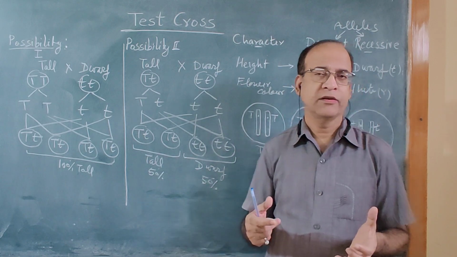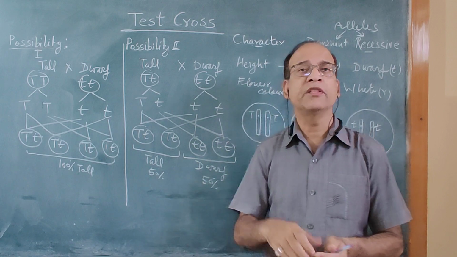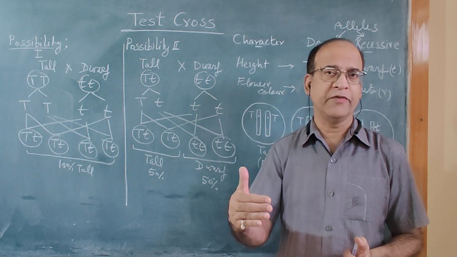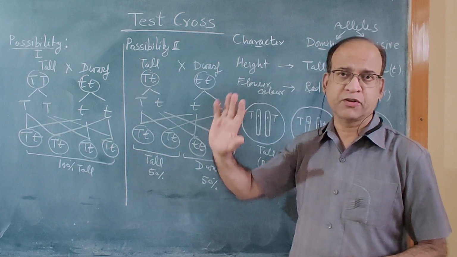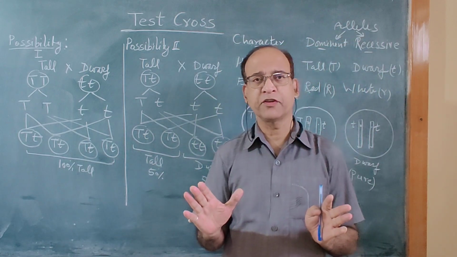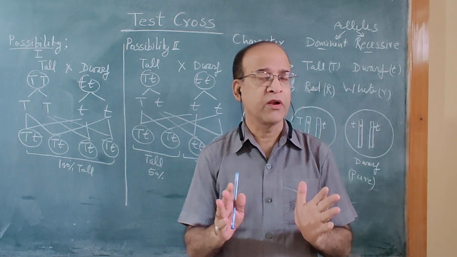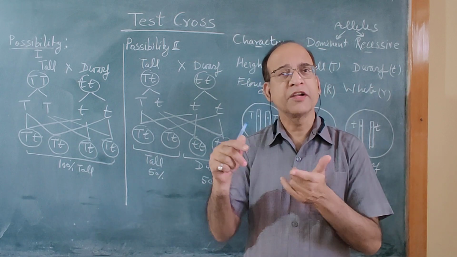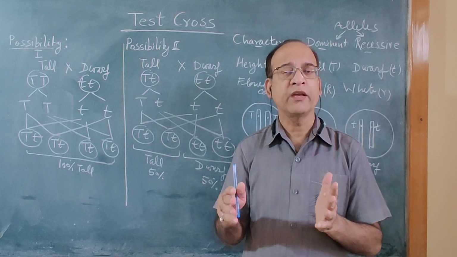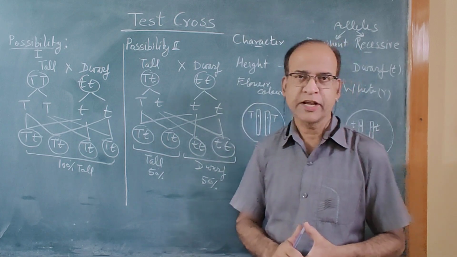To find the genotype, that individual is crossed with its recessive individual. Such a cross is called a test cross. So the definition of test cross is: when an individual of dominant phenotype is crossed with a recessive individual to find its genotype, such a cross is called a test cross.